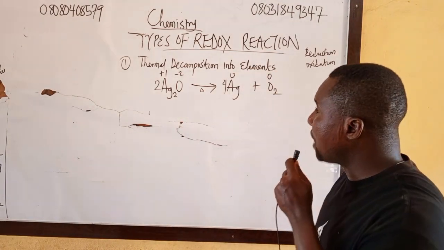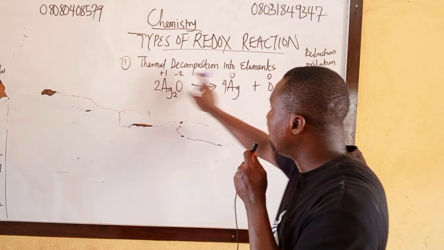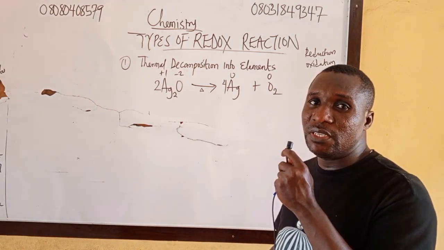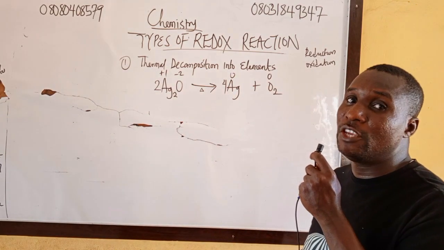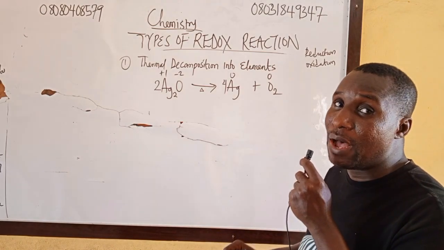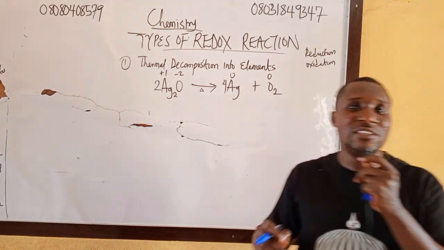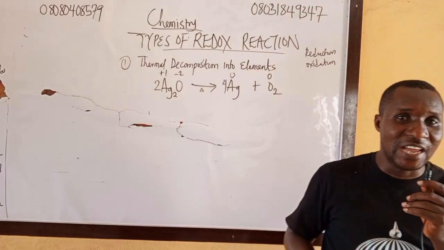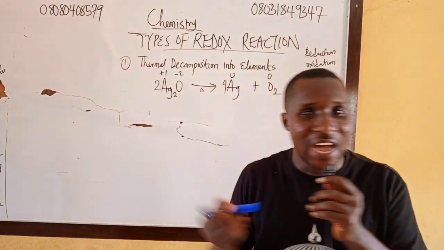Then from here, what happened? Silver from plus 1 to 0. That means it has decreased in oxidation number. And when there is decrease in oxidation number, what reaction is that? Reduction reaction.